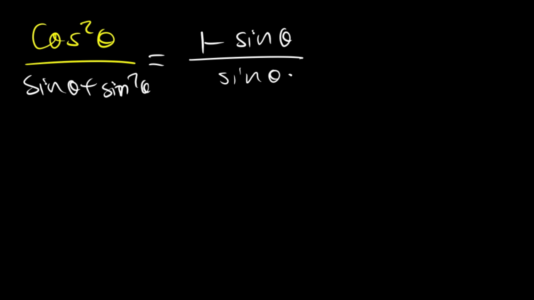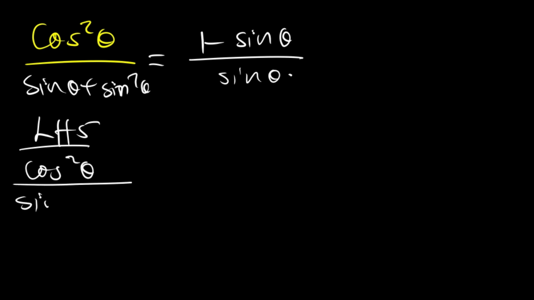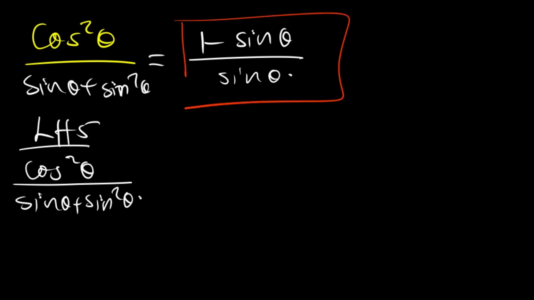Anyway, we are proving that the left hand side is equal to the right hand side. So I'll start. The left hand side is cos squared theta divided by sine theta, plus sine squared theta. For you to prove this, you have to check what you are trying to come up with. I'm trying to prove that that is equal to that.